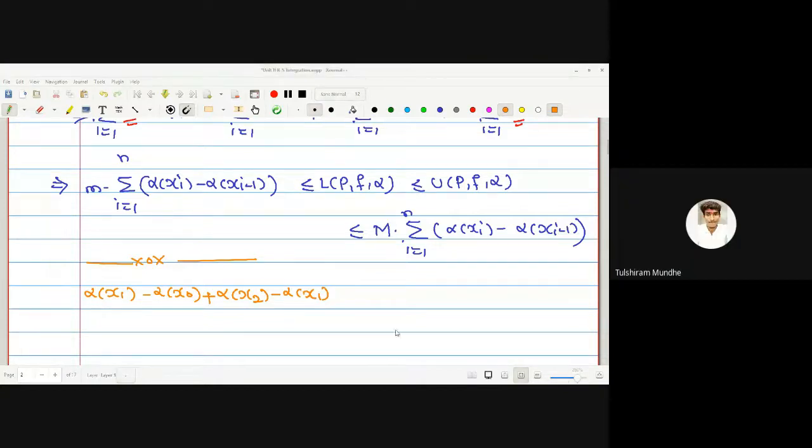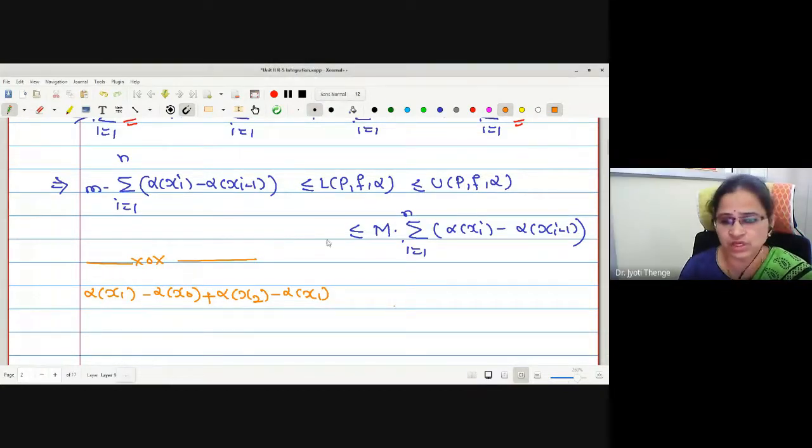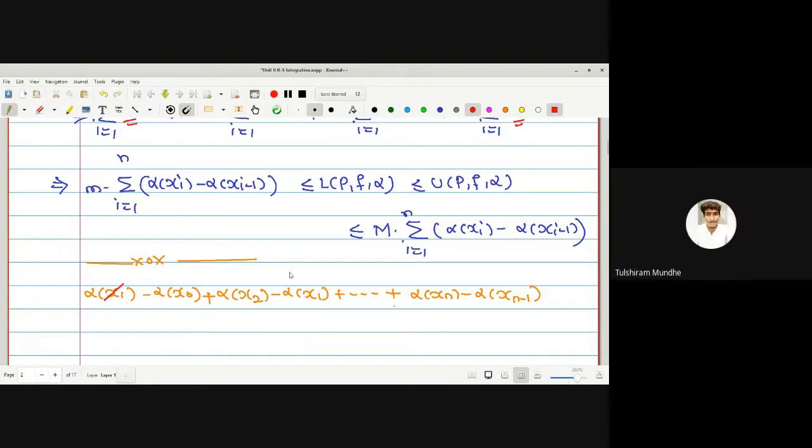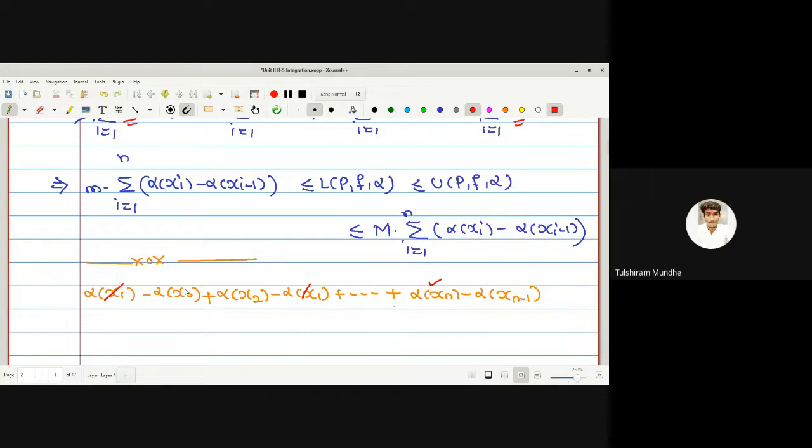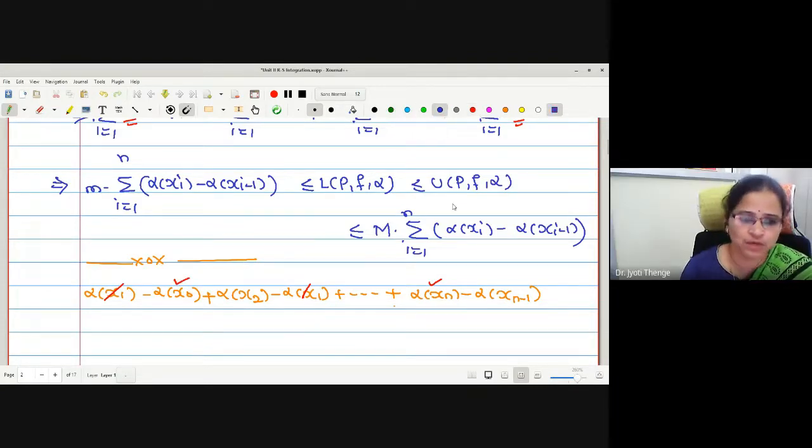And if I continue this up to i equals n, this gives us alpha xn minus alpha xn minus 1. Now check out what the expression will be: alpha xn minus alpha x naught. Very good. We remain with this term only.